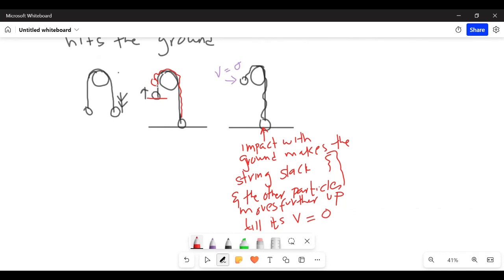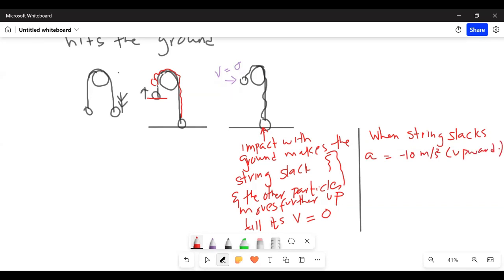Okay. Now, when the string slacks, acceleration equals -10 meters per second square if upwards, or acceleration is equal to 10 meters per second square if it's going downwards.